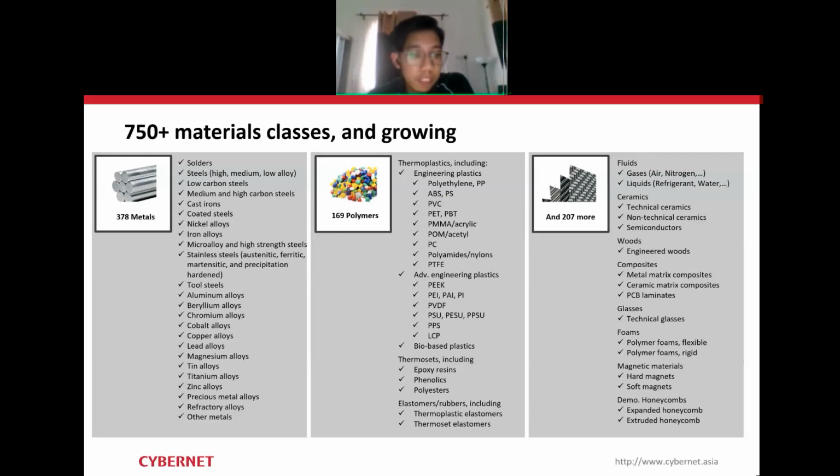That includes metals, plastics, ceramics, woods, composites, glasses, foams, and so forth. There are many material classes and many material properties made available inside this library.